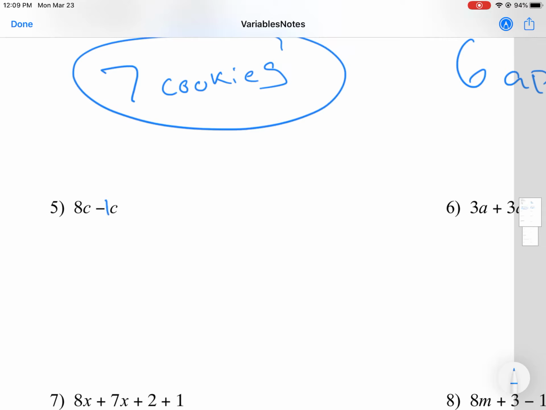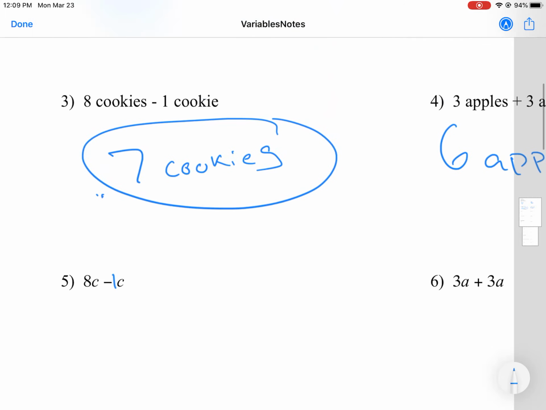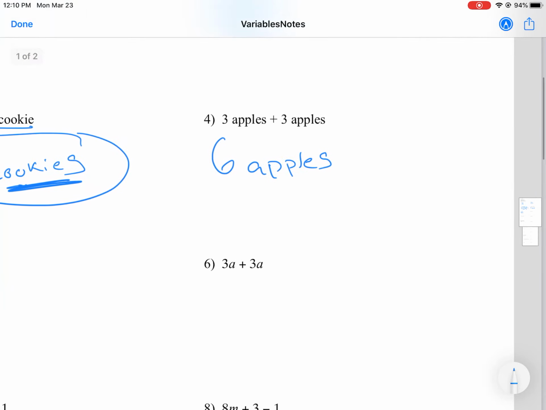So just like I did before on the problem up here, I had 8 cookies, and I took away 1 cookie. Now, it's the same idea here about variables. I have 8c, and I subtract 1c, so 8 minus 1 is 7, but bring down the c, because you need to label your answer too, just like we did up here with the cookies. We got to write our c down here. Sound good?